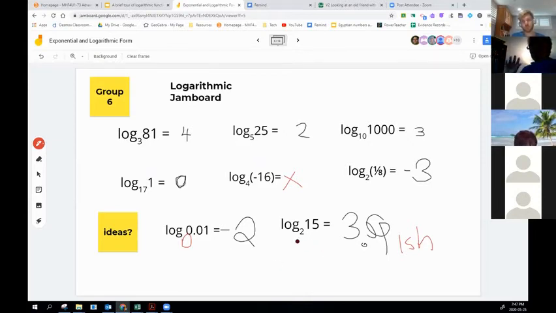And based on what you already understood about the meaning of a logarithm, you can approximate any logarithm without a calculator. So I strongly suggest you do that when you have logarithm questions before you go to the calculator, so you have an idea of what the value is, and then the calculator will verify that.